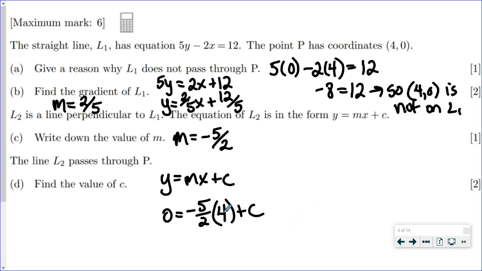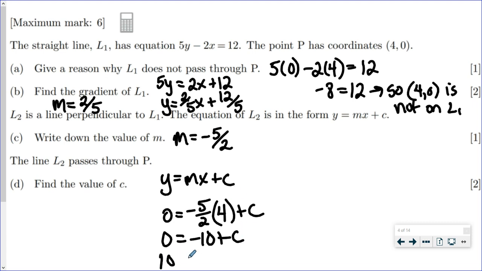-5/2 times 4 is -20/2, which is -10. So 0 is equal to -10 plus c.